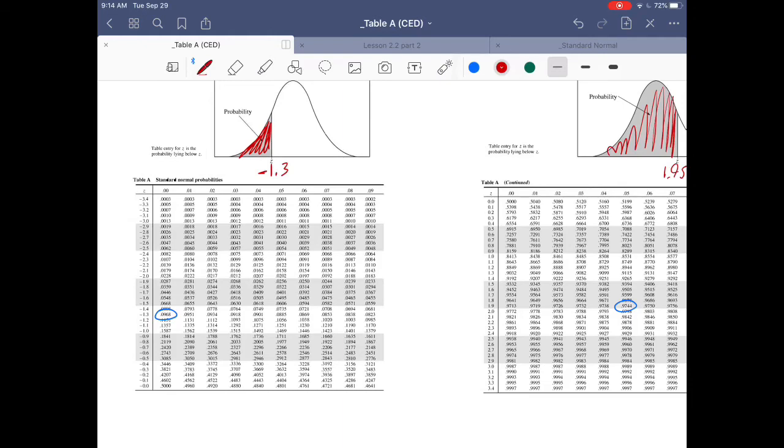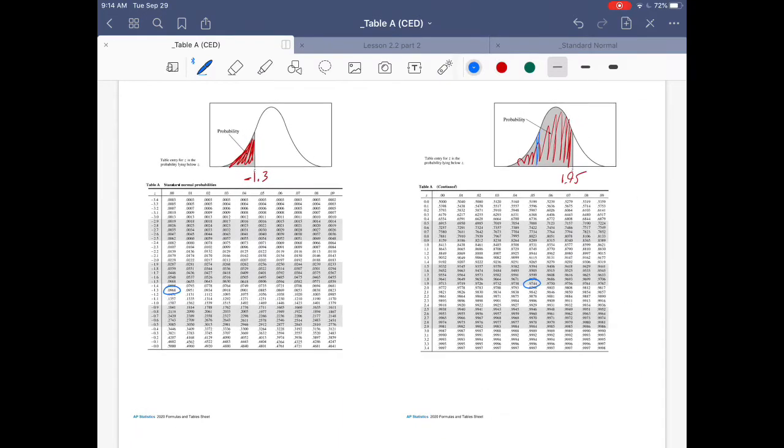So what you're really going to want to do is take this value and chop it off, right? If you want to find the area between negative 1.3 and 1.95, you're going to want to take the blue region and subtract it from the red region.